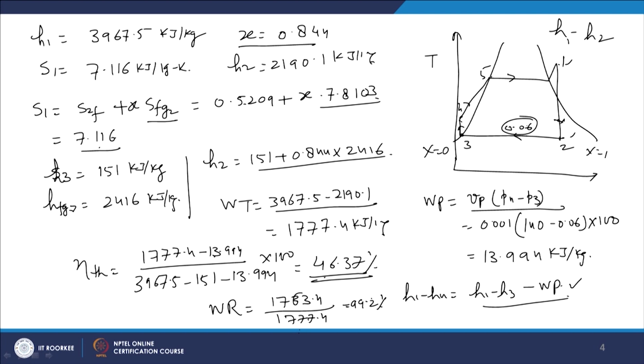Now, the concept of work ratio has come into the picture. If you look at the Carnot cycle, it has very high efficiency, but at the same time it has a very low work ratio. If you look at the Carnot cycle, this is the turbine work and this is the work of the pump.